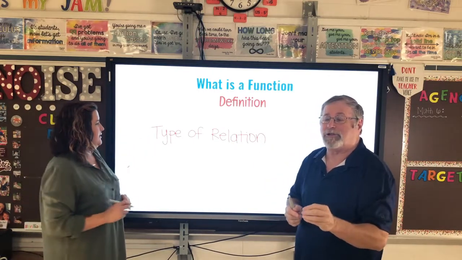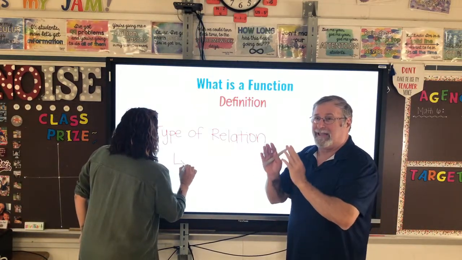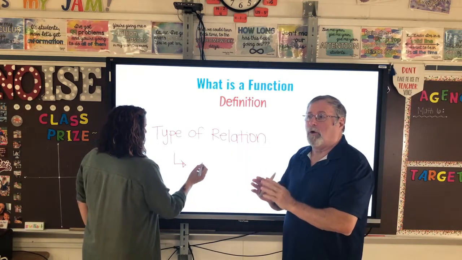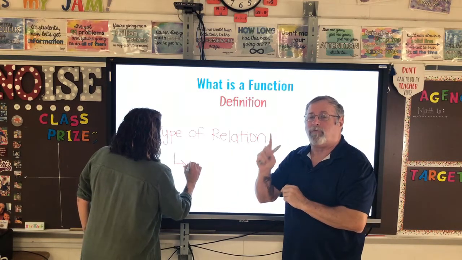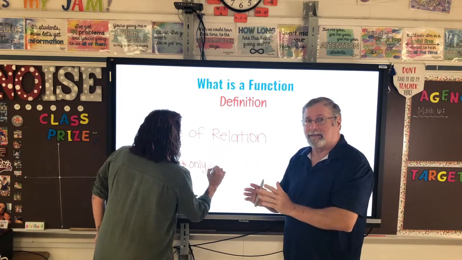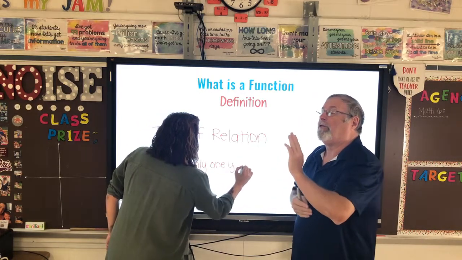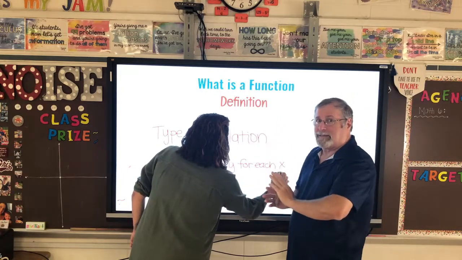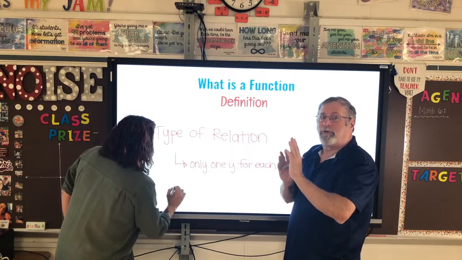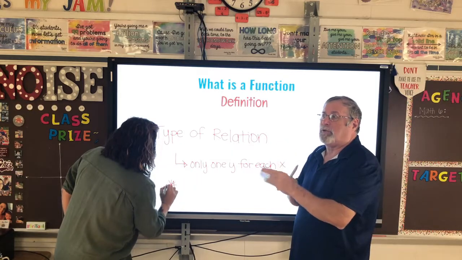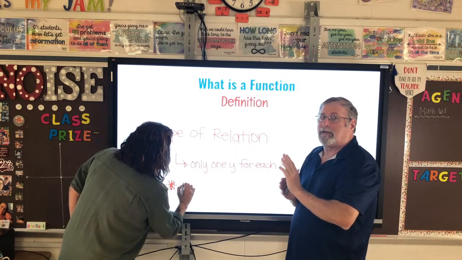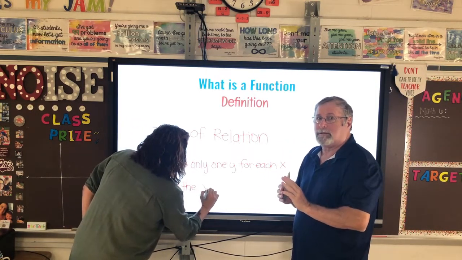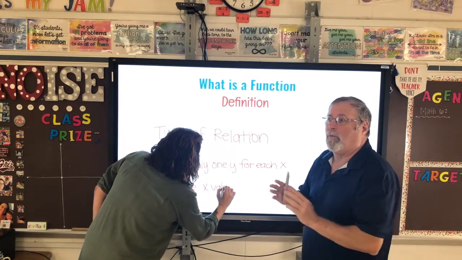And that relationship says for the input, the X, you can only have one value of Y for that X. In other words, if you live 3 miles away, it can only take you 20 minutes to get to school. It can't take you 20 minutes, and 10 minutes, and 7 minutes. You can only have that one value.